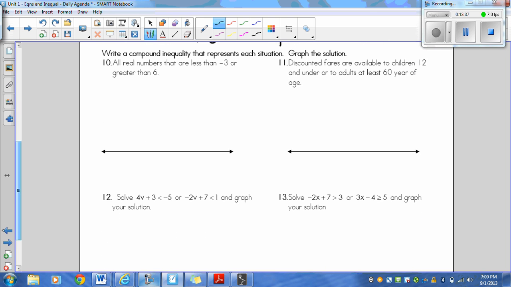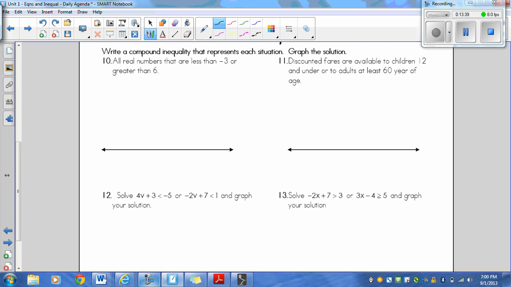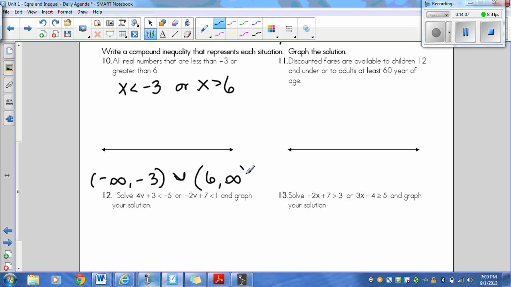And so now we're going to take a couple examples of that. We've got all real numbers that are less than negative 3, or they are greater than 6. And so you could also write that as negative infinity to negative 3, open bracket because we're not including negative 3, or union 6, open bracket because we're not including 6, up through infinity.